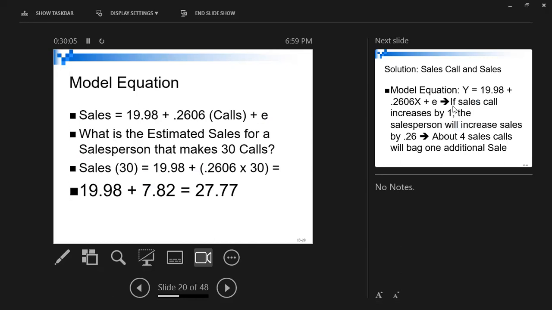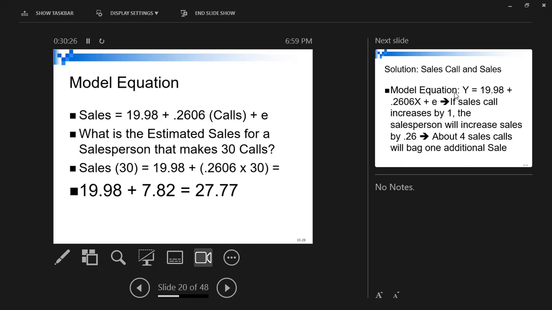So this is the model equation, 19.98 plus 0.26X plus E. So if sales calls increase by 1, the salesperson will increase sales by 0.26. So about 4 sales calls will bag 1 additional sale. You get the point? Okay.